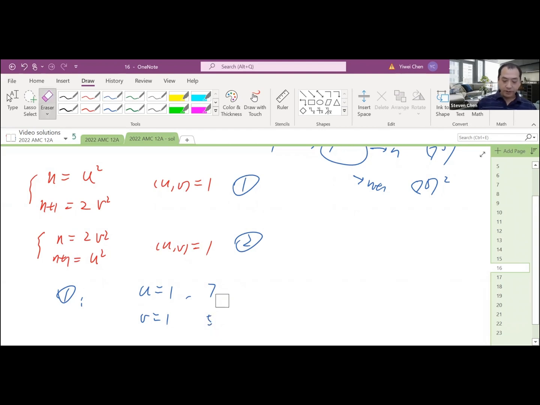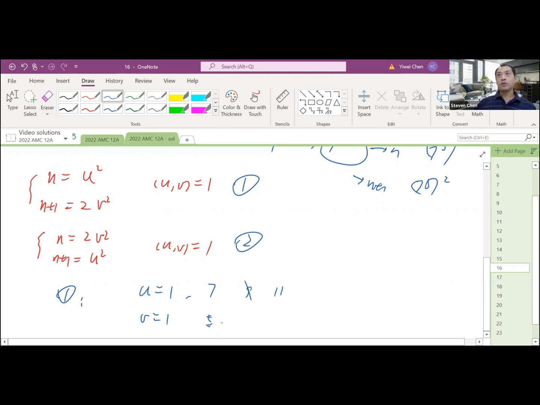This is pretty good. And let's try some other u's. What about 9? It's not feasible because n plus 1 is 82, right? So its half is 41. It's not a perfect square. It's not good. So 9 is not good. What about 11?